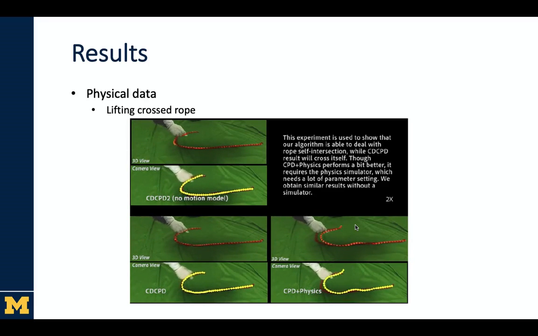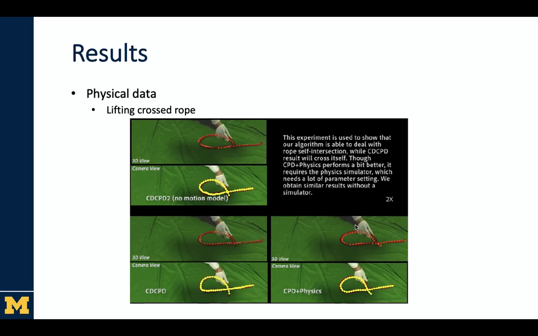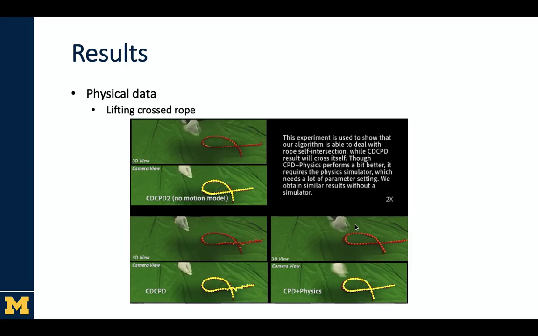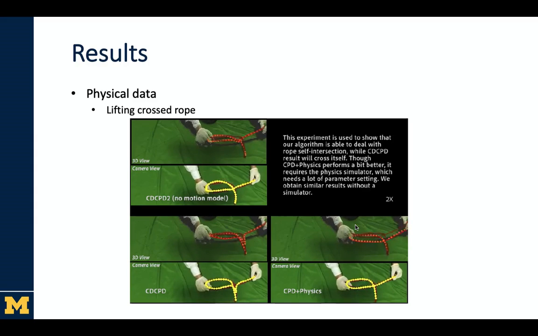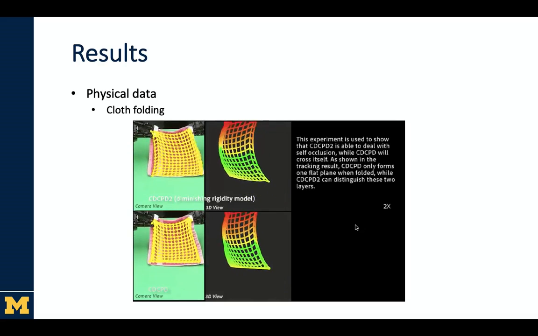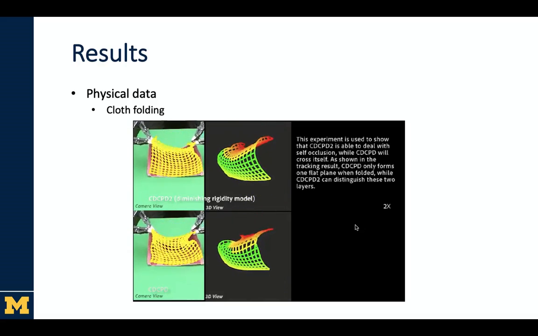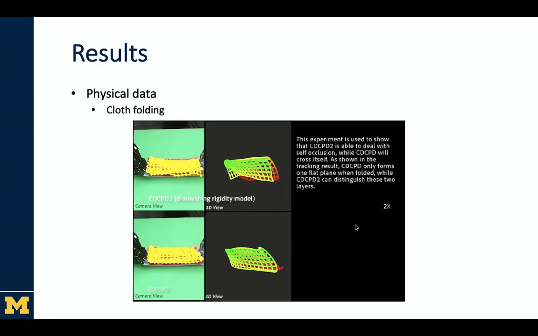We tested the self-intersection case on rope by lifting a crossed rope. Our method and CPD plus fix won't penetrate the rope itself, while CDCPD will. For the cloth folding, our method could show a distinguished layer structure, while CDCPD couldn't.